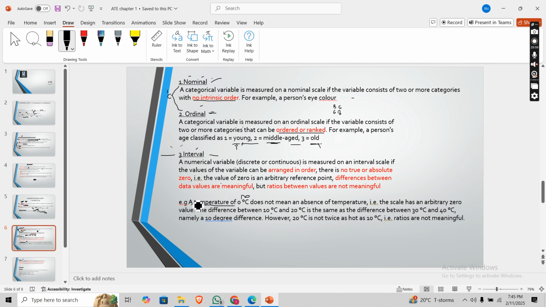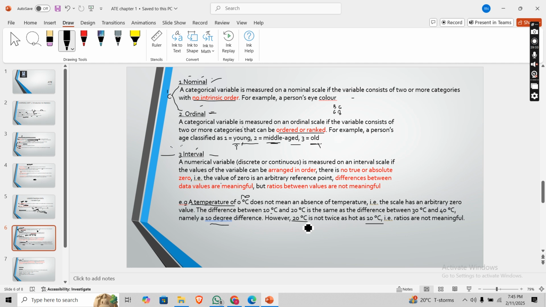So standard number 3 says that ratios between variables are not meaningful. So let's check if the ratios between the temperature are meaningful or not. The answer is, when we are measuring temperature, if you have 20 degrees, it does not mean that it is actually twice as hot as 10 degrees.